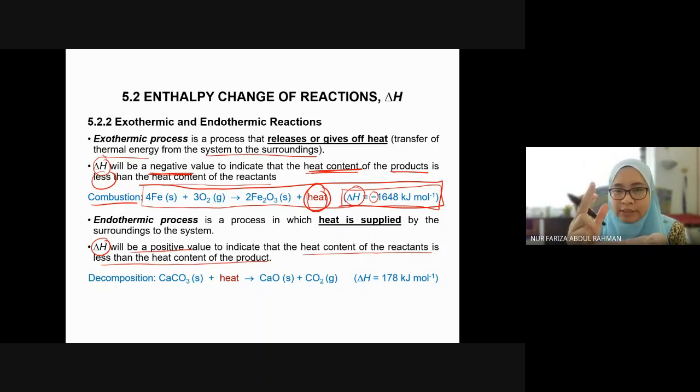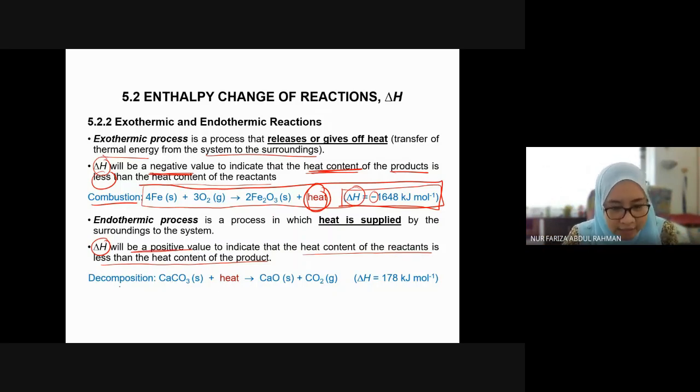When it absorbs the heat, the heat content of the product is higher compared to the reactant. Why higher? Because it absorbed the heat. So the system now has extra energy there. So the value should be positive.